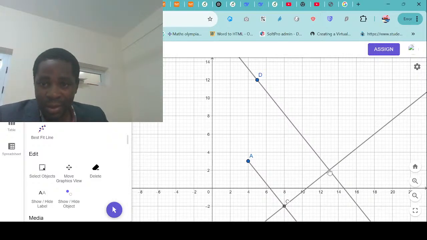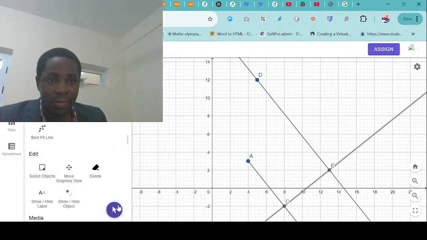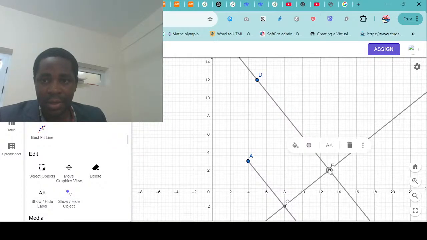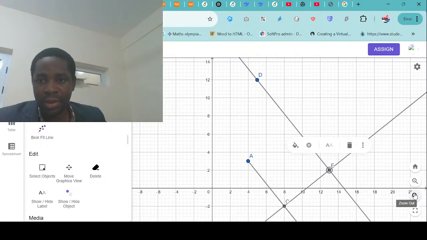So this is where they meet, isn't it? So can we inspect the points? You have to use this one to inspect. So let's inspect. Okay, so I think I should zoom it out so that everything can show. Should I zoom it out or zoom it in?